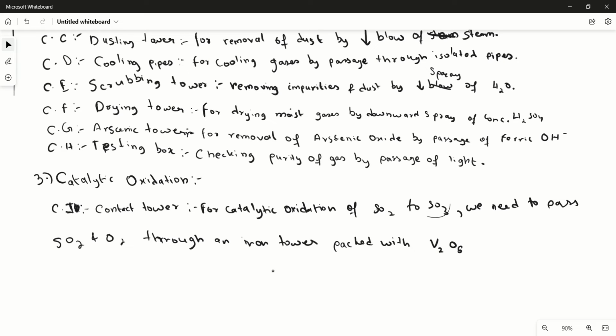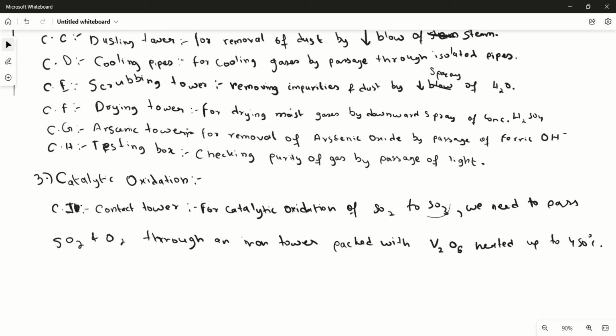Vanadium pentoxide is initially heated up. I'll explain this later, just remember this for now: chamber I is a contact tower for the catalytic oxidation of SO2 to SO3 by the passage of SO2 and O2 through an iron tower packed with the catalyst vanadium pentoxide at 450 degrees Celsius.